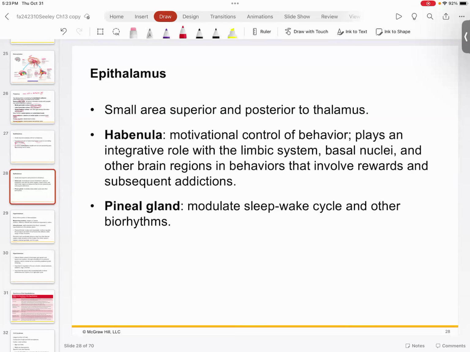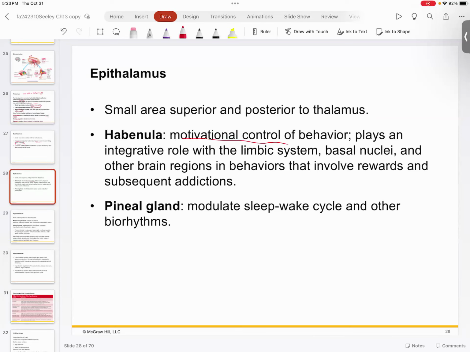So these particular specific areas that you're going to see, like for instance, the habenula, is going to be a controller of a lot of different things, but it's going to help you with what's called motivational control of behavior.